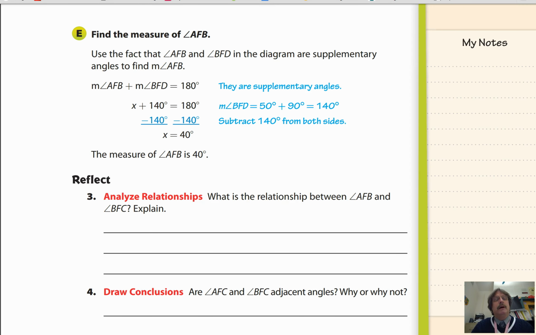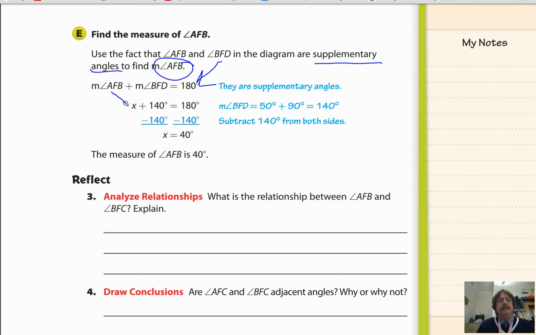So here we continue on working with the previous activity where we're looking at angle AFB and angle BFD, which are supplementary angles, and then they want us to find what AFB is. So what we remember is a straight line is 180 degrees. So we're going to set up an equation where we have the measurement of angle AFB plus the measurement of angle BFD equals 180. We look at the picture that's given.